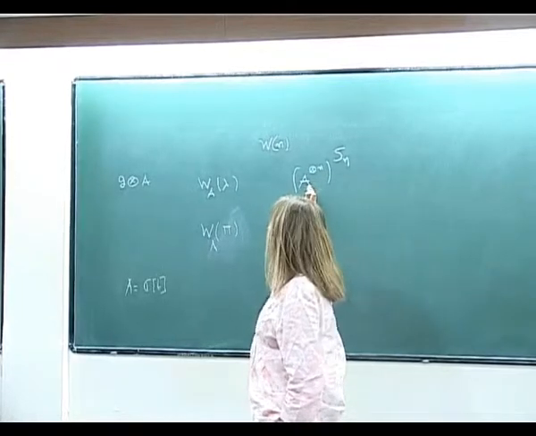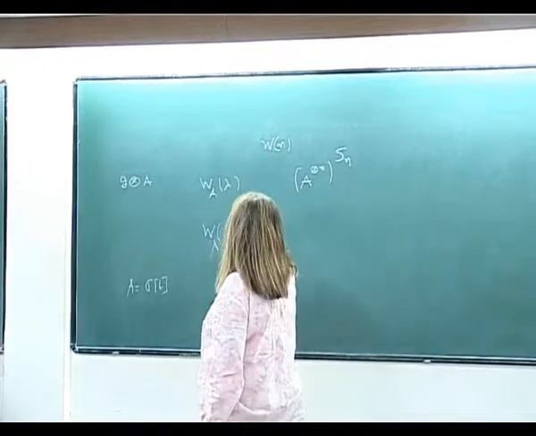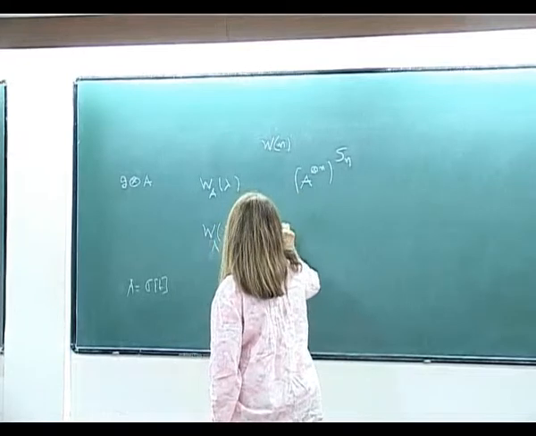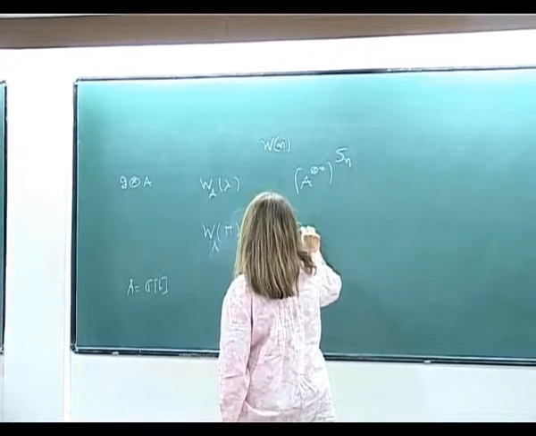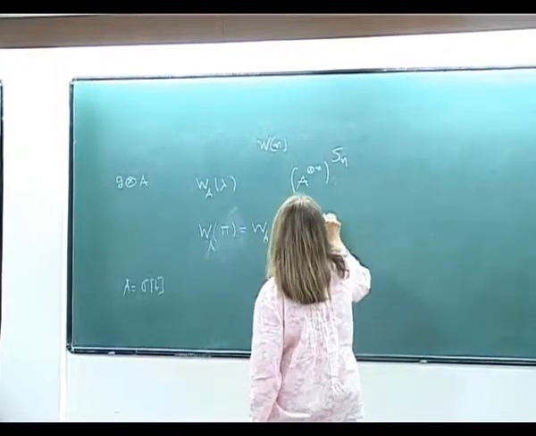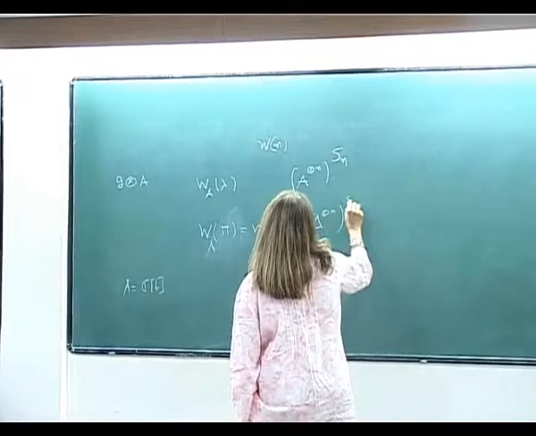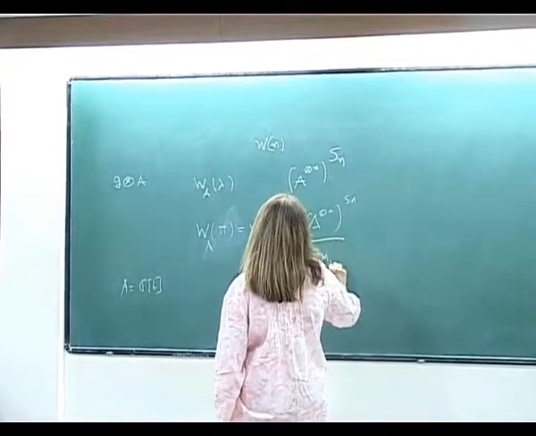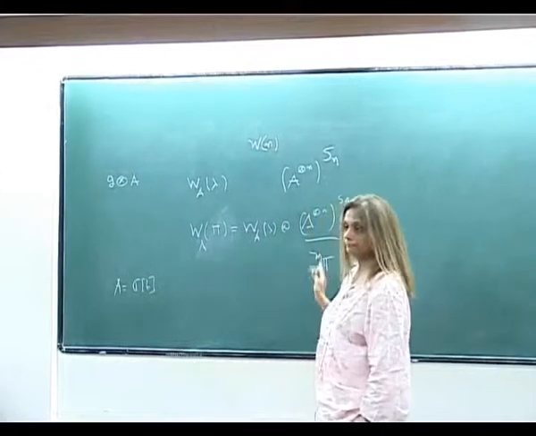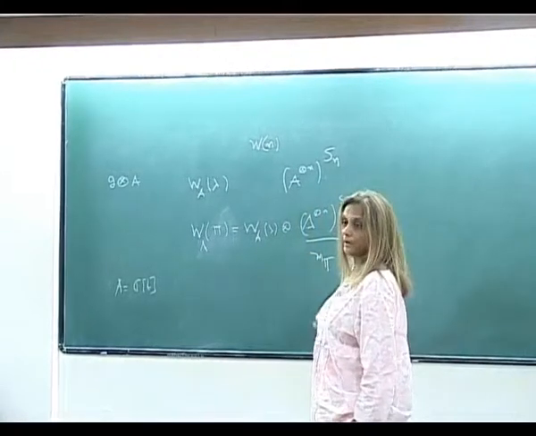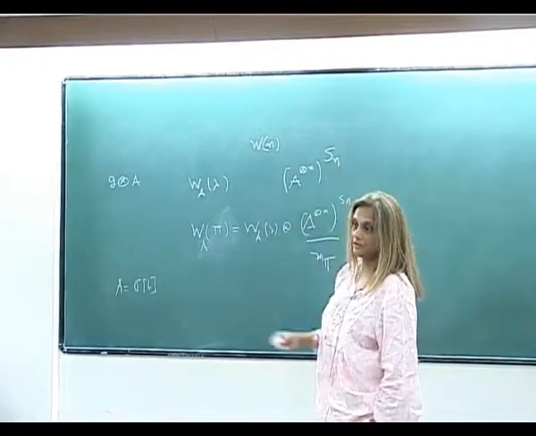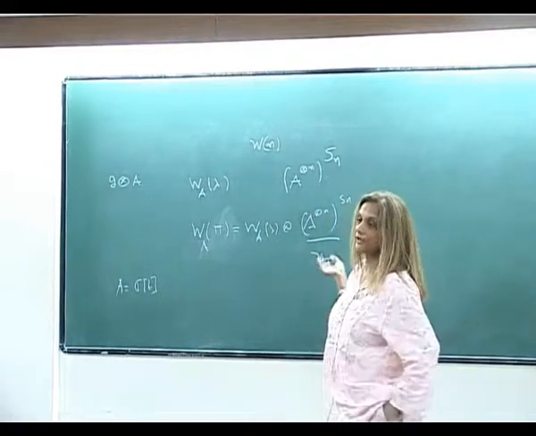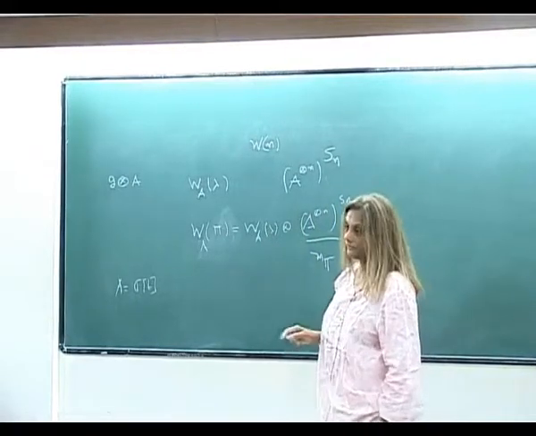In some sense, this W(A, pi) is W(A, lambda) tensor this ring modulo a certain maximal ideal in this ring, which we'll call M pi. So it depends on what you pick over here, the dimension of this thing. There is some very interesting geometry underlying this, which you don't see in the one variable case.